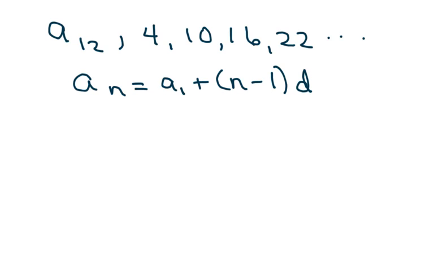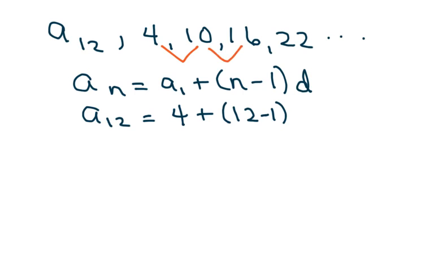So we know we're looking for a sub 12. We know my first term is 4. So this is going to be 12 minus 1. And all you need is your common difference, which is, what do we keep adding here? Yes, 6. So you get 4 plus 11 times 6, which yields 70.